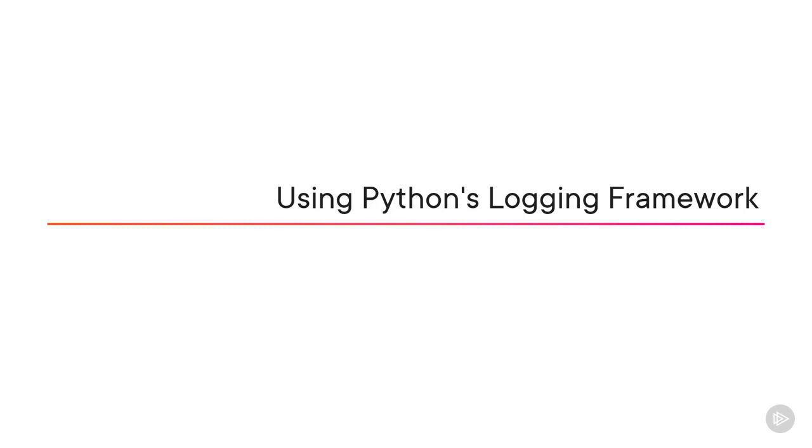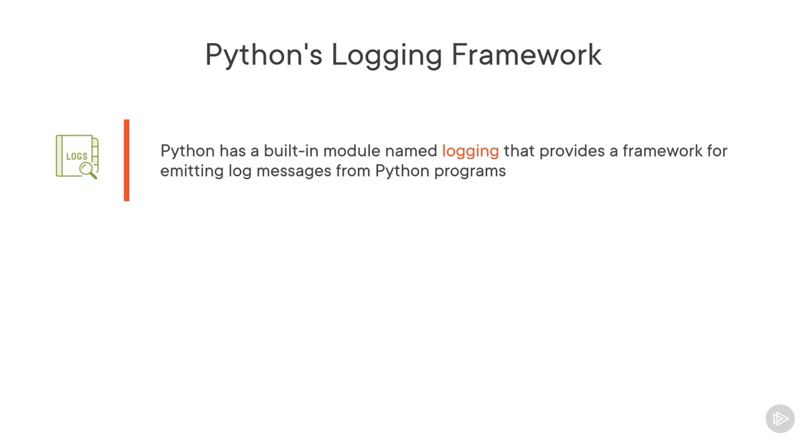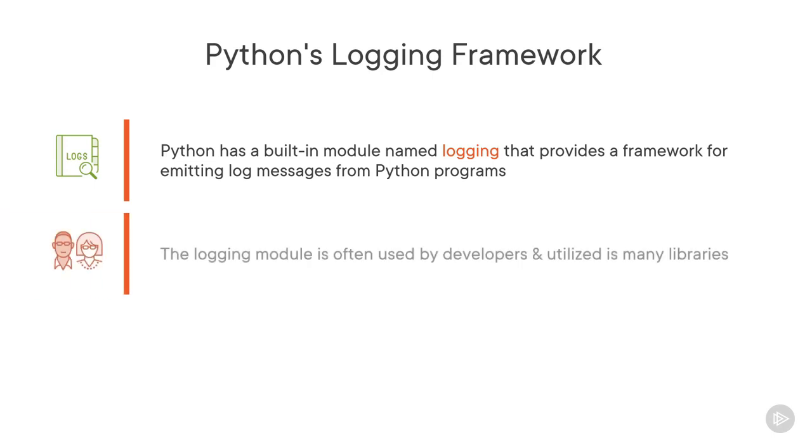Let's explore one of the most important aspects of using Python for Linux administration. We're going to look at logging. So the logging framework in Python is basically powered by a module called logging. This is a built-in module, so it's batteries included, and it provides the framework that you need for emitting log messages from Python to your programs.